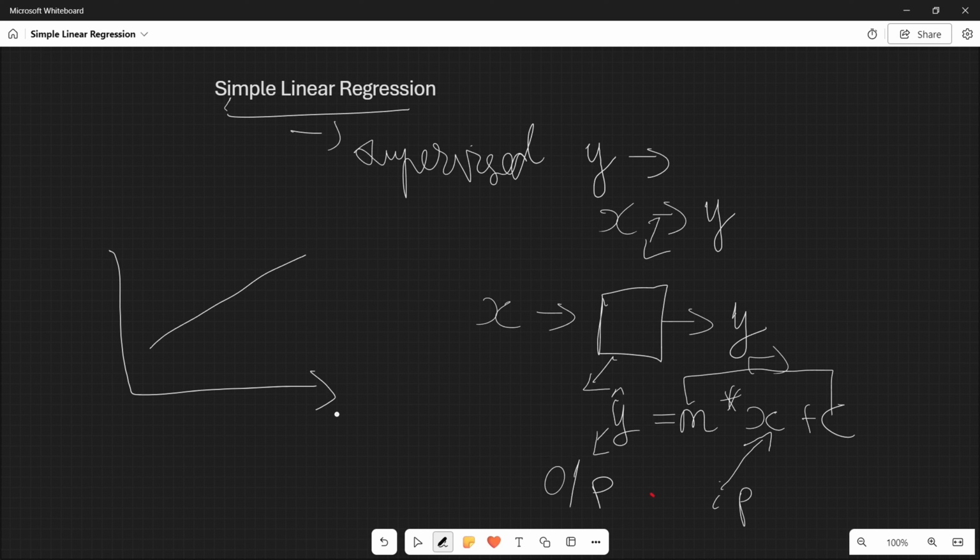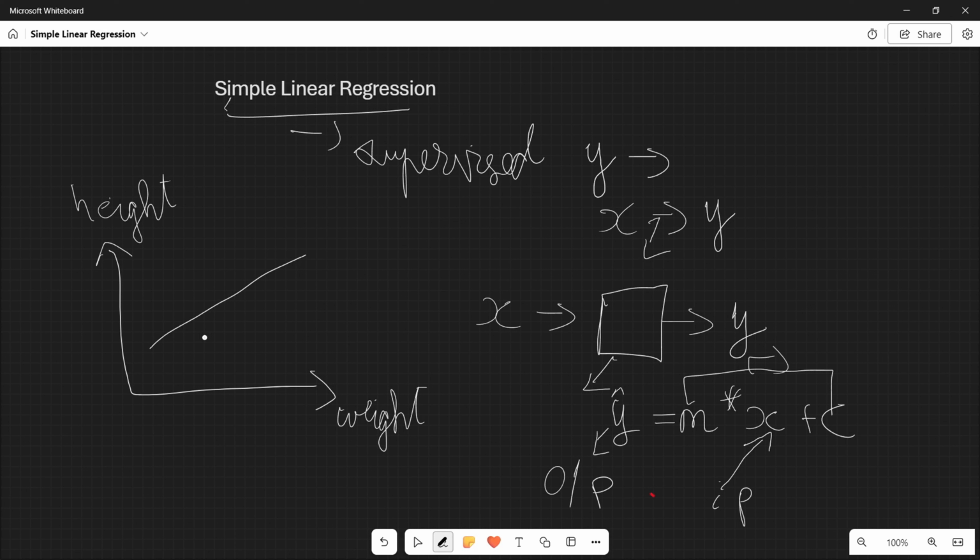This is my feature one, say my weight, and for this weight I get the corresponding output as height.